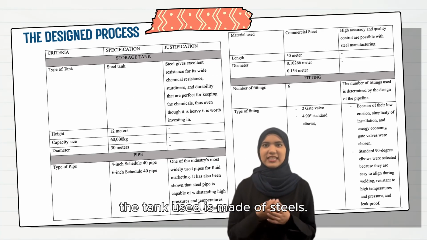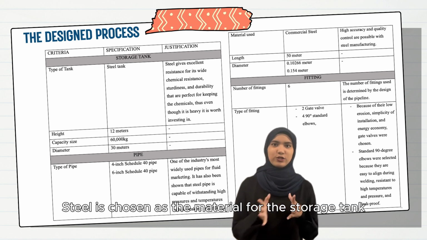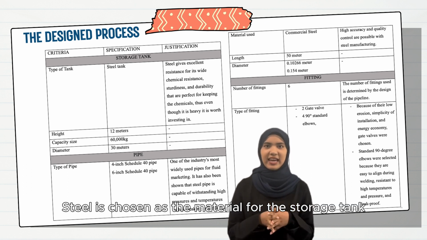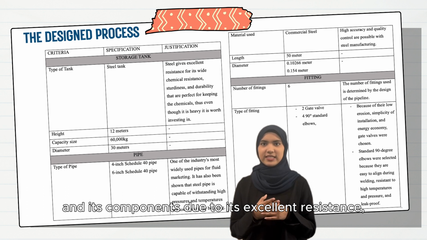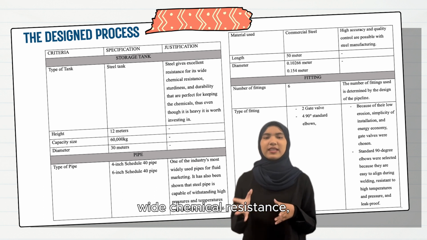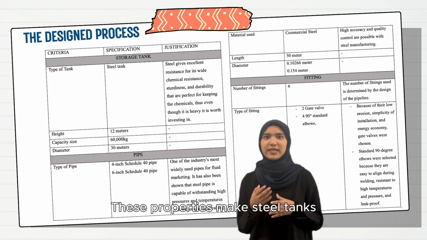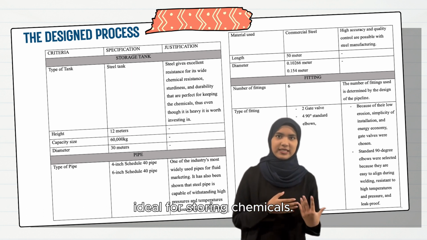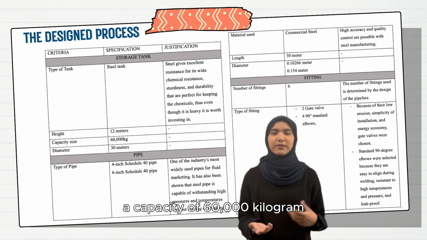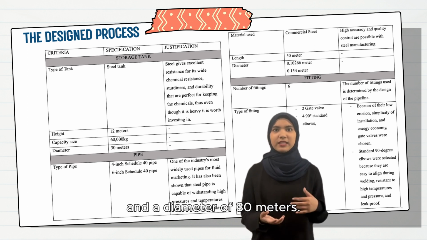Regarding the design process, the tank used is made of steel. Steel is chosen as the material for the storage tank and its components due to its excellent resistance, wide chemical resistance, sturdiness and durability. These properties make steel tanks ideal for storing chemicals. It has a height of 12 meters, a capacity of 60,000 kg and a diameter of 30 meters.